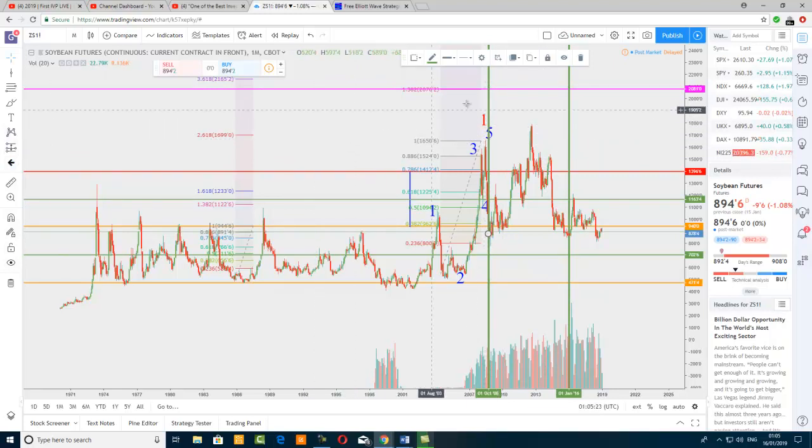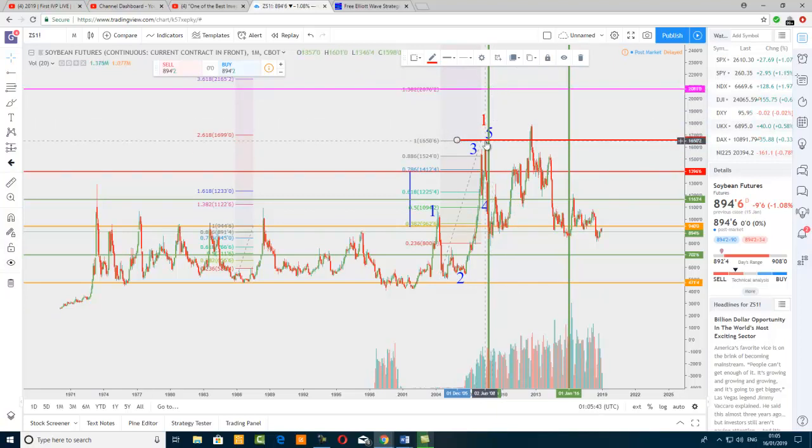Sometimes, instead of reaching the 138.2% level before forming a C wave, the price will find resistance at the midpoint between the high of the fifth wave and the 138.2% level.